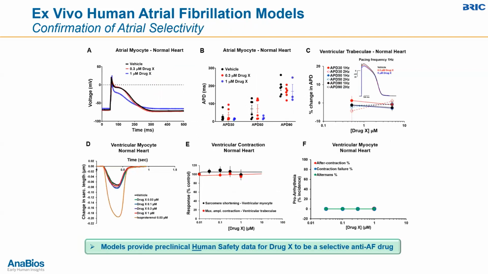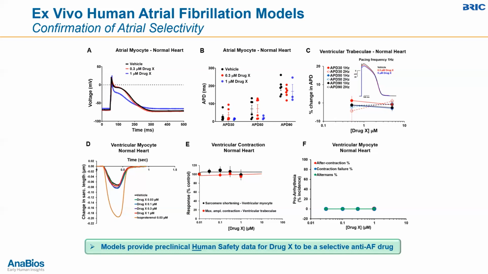Next, we wanted to demonstrate that the compound is safe and has no effect on the ventricle. Again, you can see here we tested the effect of the compound on action potential from atrial myocytes in normal heart, and also we assessed its effect on ventricular action potential. You can see the compound did not affect the action potential duration.